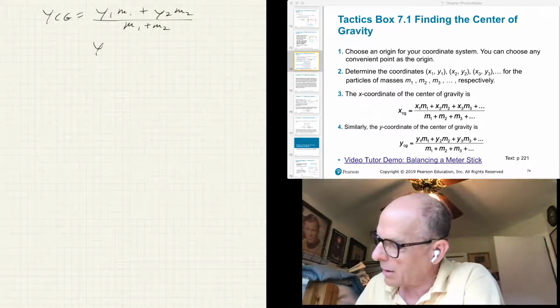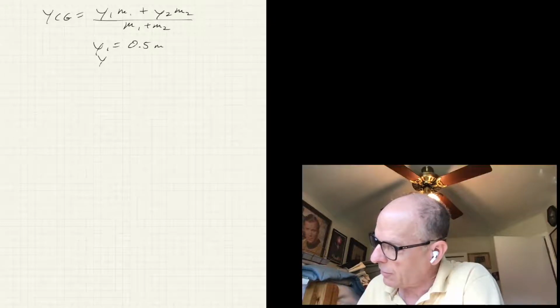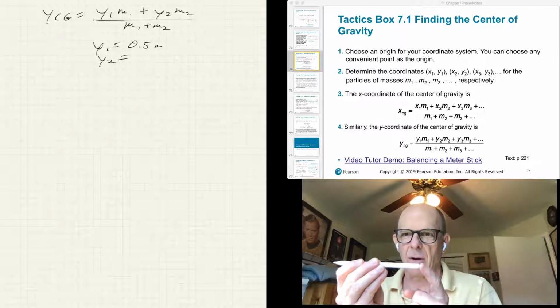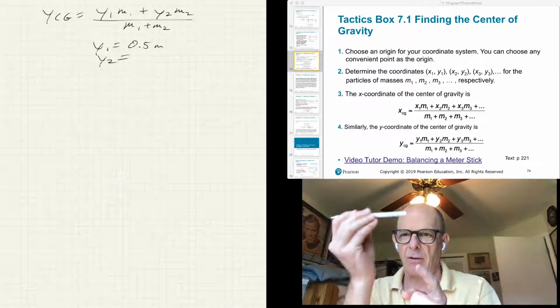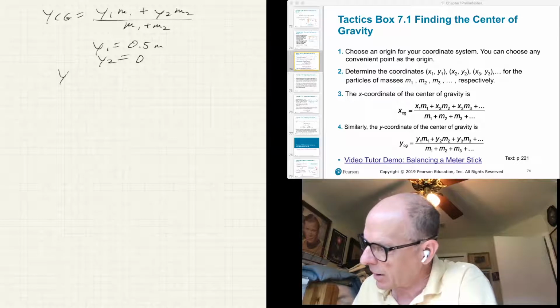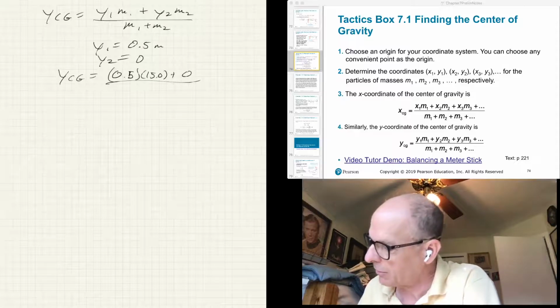So y1 is 0.5 meters. y2, that's the horizontal beam. It's on the x-axis. It's not displaced up or down. So y2 is 0. So that gives me ycg equals 0.5 times 15 plus 0 divided by 25 plus 15, which is 40.